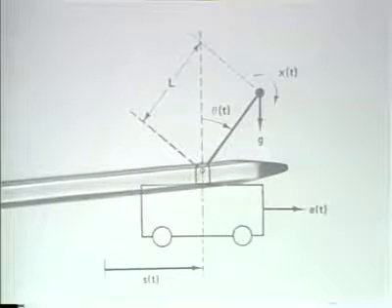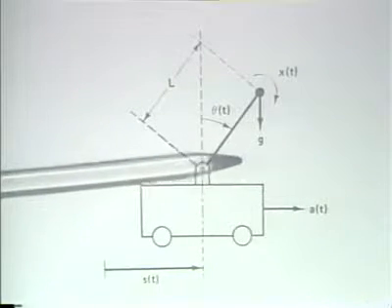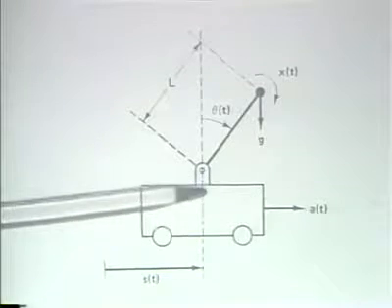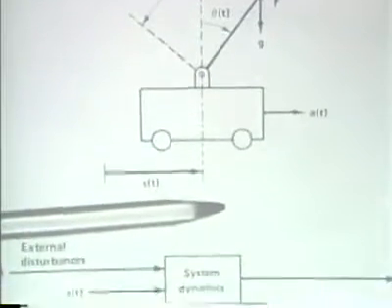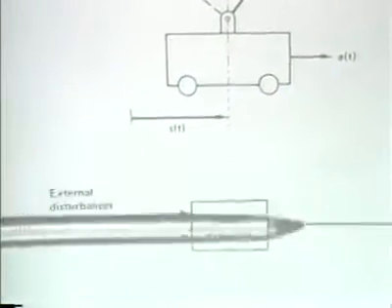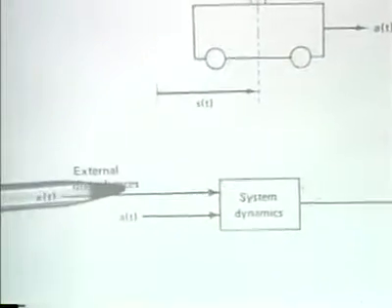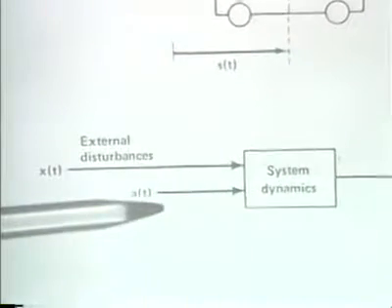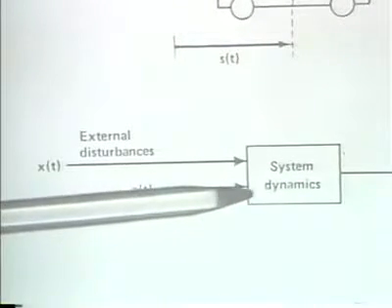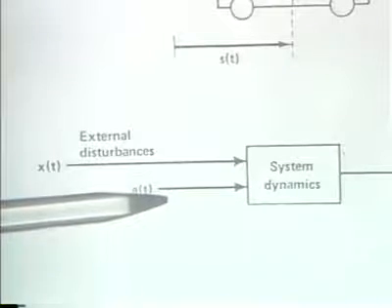Now, if we look at this system in more or less a straightforward way, what we have then are the system dynamics and several inputs, one of which is the external disturbances, and a second is the acceleration, which is the external acceleration that's applied.